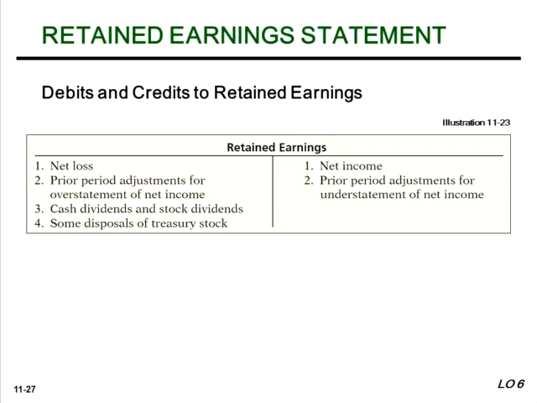So net income increases retained earnings, and prior period adjustments as a result of understatement of net income will increase retained earnings. On the debit side, things that will cause retained earnings to go down: a net loss, prior period adjustment because of overstatement of net income in a prior accounting period, cash dividends, and stock dividends. Also some disposals of treasury stock, but that we're not going to get into.